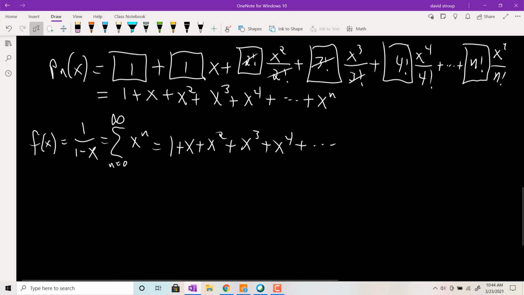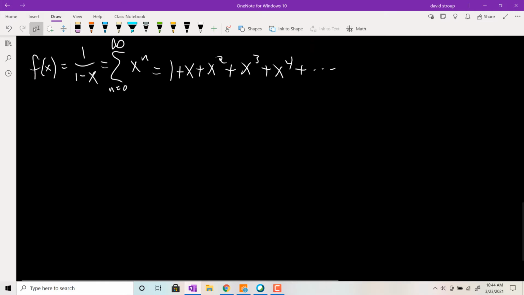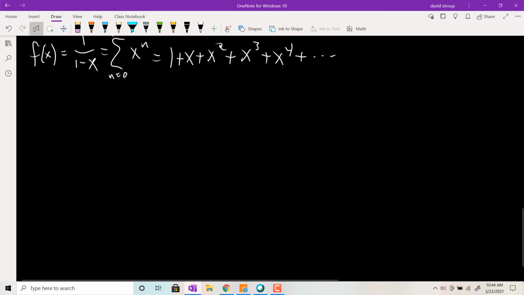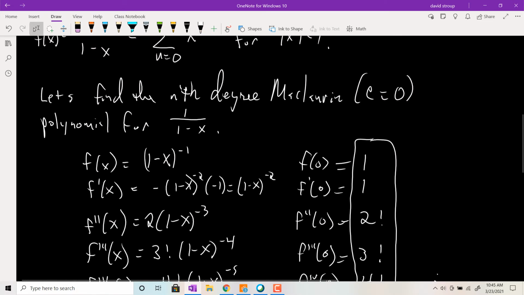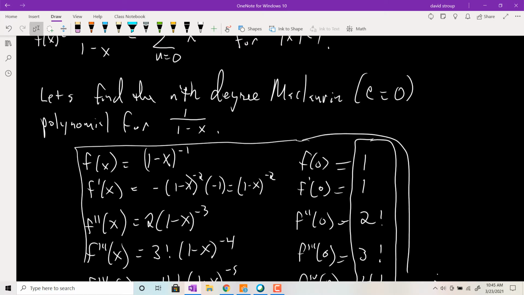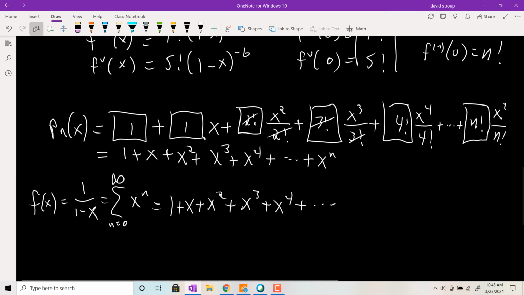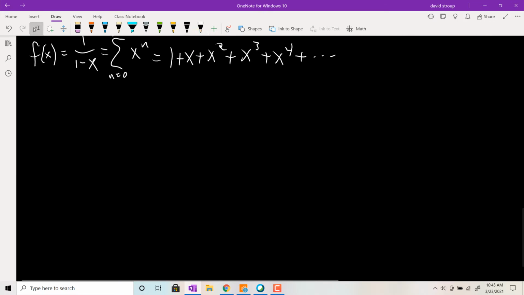Hopefully that kind of makes sense. At this point, we can form basically the power series for any function so long as it has a lot of derivatives, right? So if you can't make these derivatives happen in this kind of construction, you're kind of out of luck. So that becomes a requirement for forming these series.